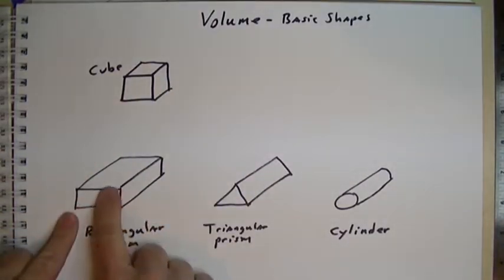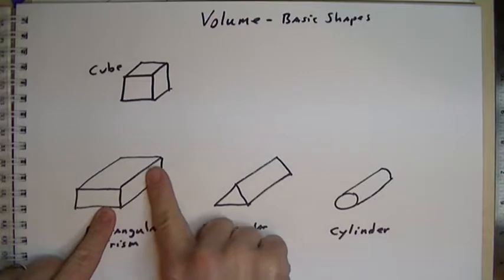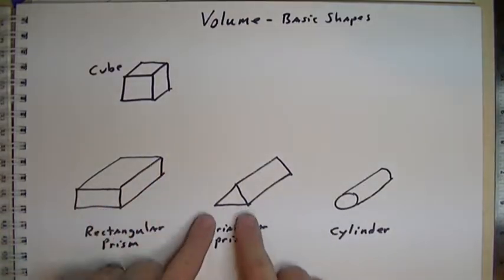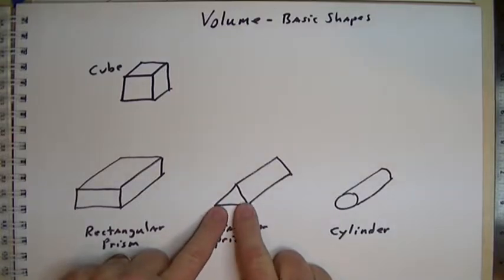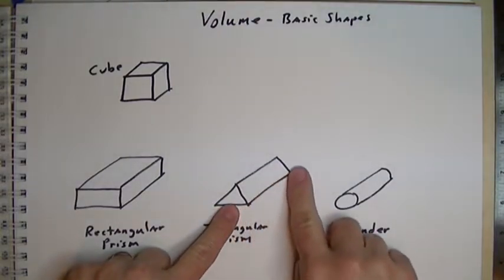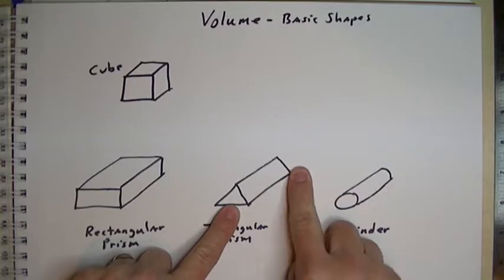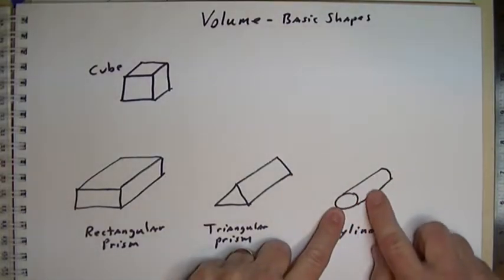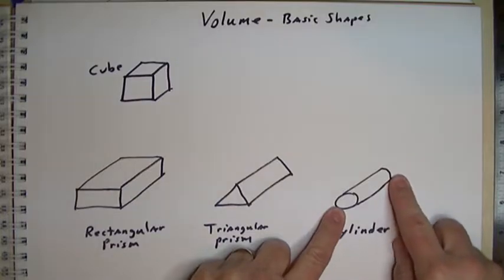Here we have a rectangle, and that shape is extended in its same size back in a third dimension. Here we have a triangle, which is the flat surface, and that triangle is extended on beyond. And here you have a circle, and that circle is extended in shape a certain distance.